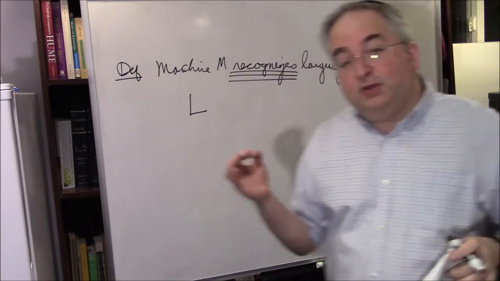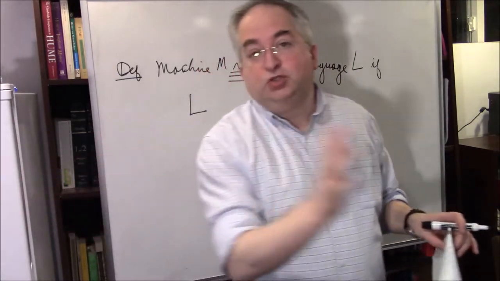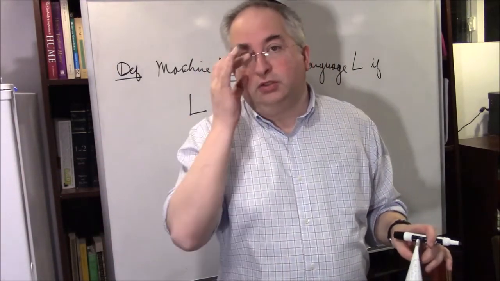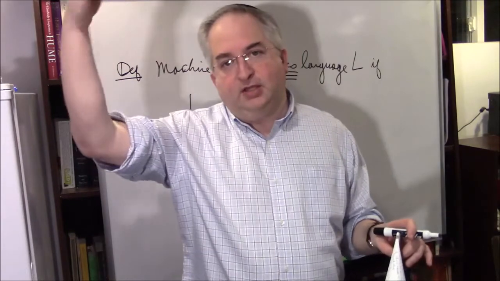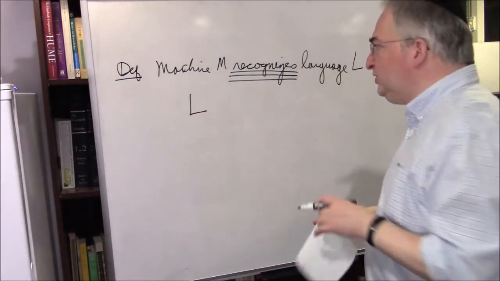And I told you this is what formal language theory is all about, that machines recognize certain languages. Okay? And the more complicated the machine is, the more complicated the language is. So now is the core of this thing.